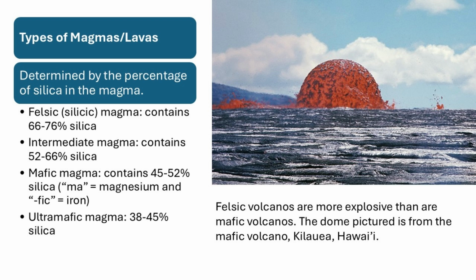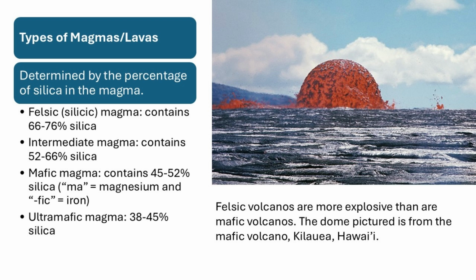So this is going to have 66 to 76% silica. The rocks that come from this are typically very light in color. They'll be white and pink and shades of kind of peach color. They may have a few specks of dark minerals in them, but overall they're going to be very, very light in color.